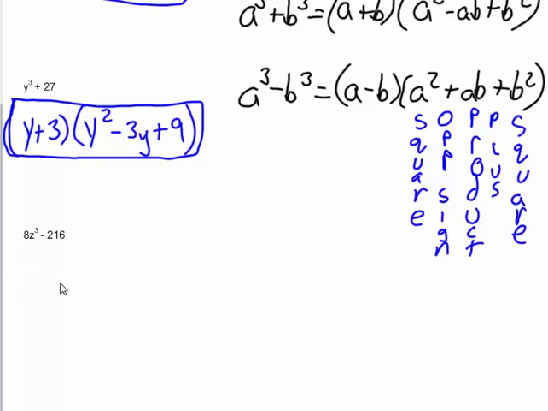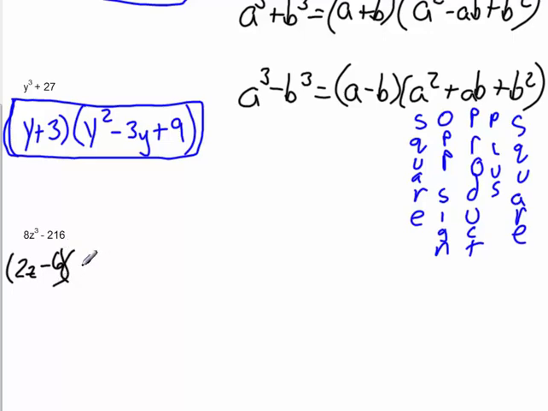Down here, we have a little bit of a different problem. We have 8z cubed minus 216. Well, the cube root of 216 is 6. And the cube root of 8z cubed is 2z. Sign stays the same. And then I just go through with my SOPPS.